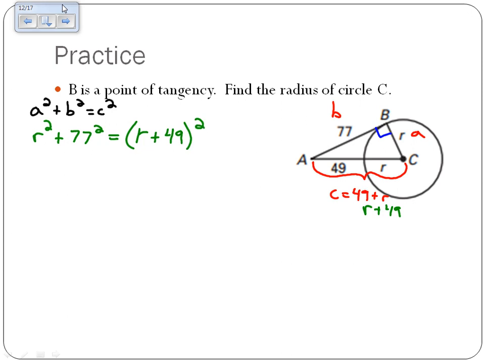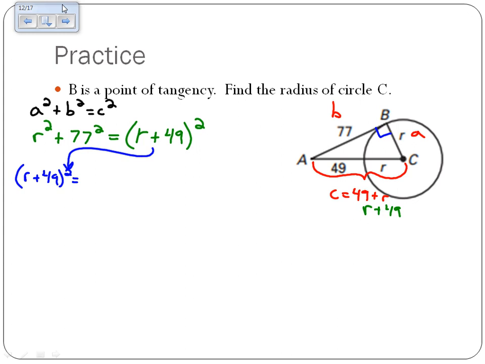So far we haven't done anything new. Now this is where the algebra comes in. So hopefully this is something you learned a long, long time ago. But we're going to take a little time out in blue. This piece, R plus 49 squared, is equal to, well, x squared is what times what? X squared is x times x.